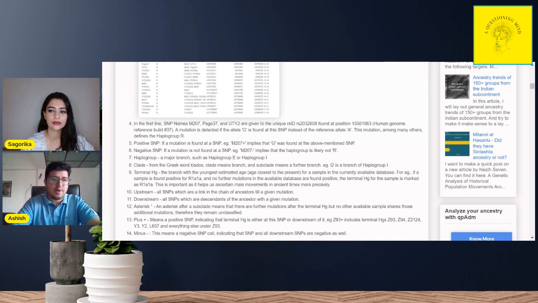The parent clades of R1A are found in Russia in very early samples, and so its probable origin is that region itself. It's not in India. Z2124, which is the cousin of what is most frequent in India, is also found in Sintashta culture. But the one which is most frequent in modern Indians is not from that region because we can't find it there.